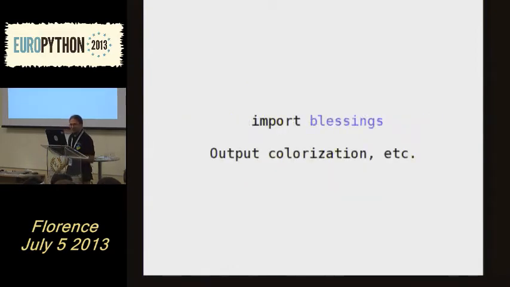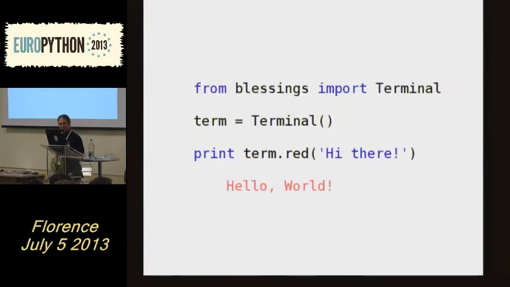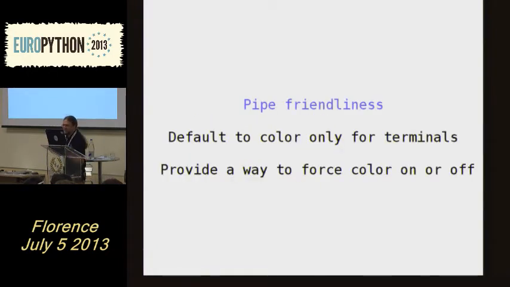You can also use a package called blessings, which does pretty much the same thing, but a little bit differently. You import a terminal object, construct that, and then call a method called red. The reason it's done this way is because Blessings is pipe friendly.